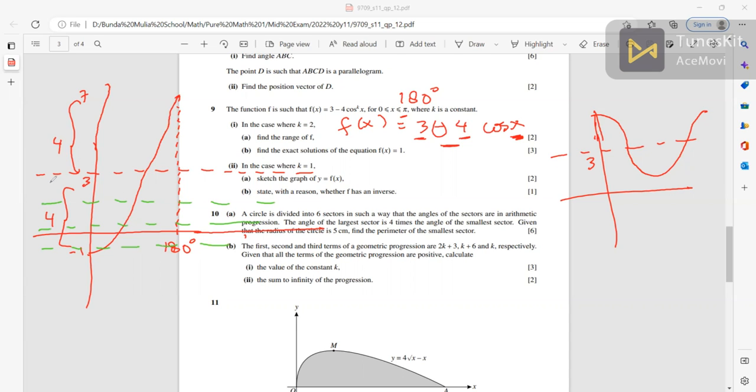If it does not cross 2 points of the graph, and only crosses 1 point here, here, here, only 1 point, it means it has an inverse. So remember, when we want to find whether it has an inverse or not, we use the horizontal line test. Okay, that is for 9b.